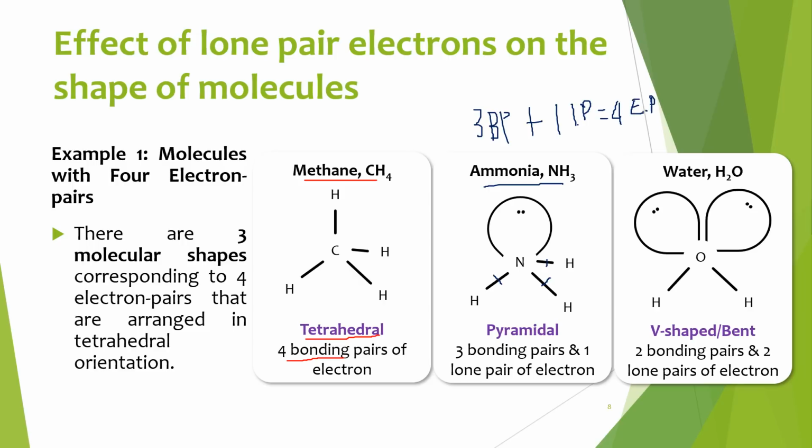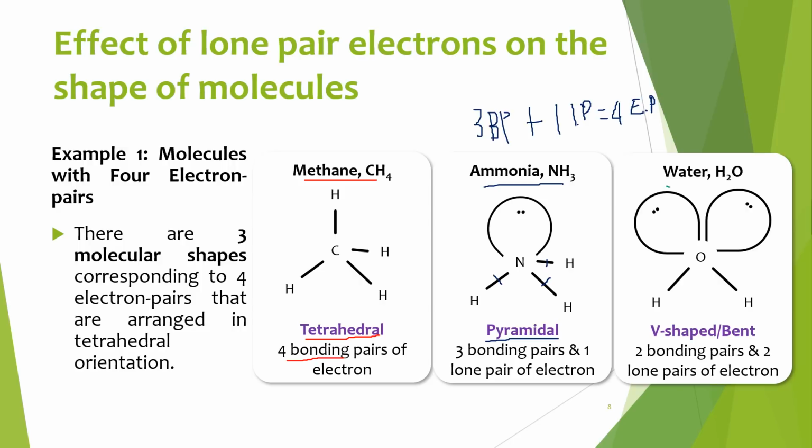According to the basic geometry, when you have four total electron pairs, it's supposed to have the shape of tetrahedral. But with a lone pair, the molecular shape will be different from tetrahedral. It will have a shape of pyramidal when you have one lone pair.